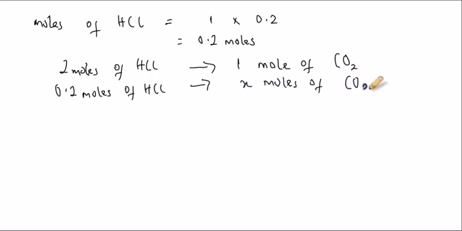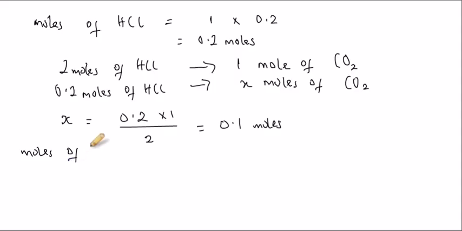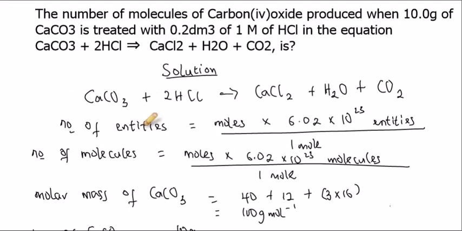Cross multiplying, X equals 0.2 times 1 divided by 2, which is 0.1 moles. The moles of CO2 equals 0.1 moles. Either using calcium carbonate or hydrogen chloride as the limiting reactant, we still have the same value of carbon dioxide produced.